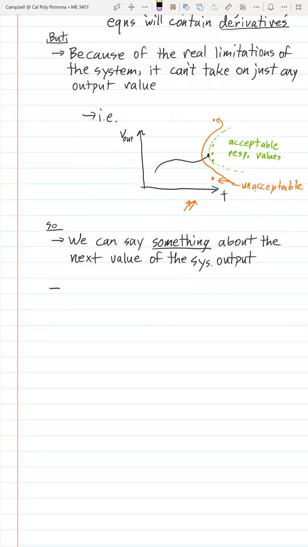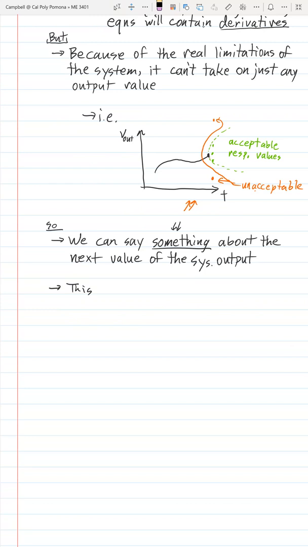Now, here, though, I don't want to necessarily get into a discussion of exactly how we would bound the system, because I'm going to assume that even though we can't solve the differential equation, we can at least write the governing differential equation for the system. So here we can say something, maybe we don't even know precisely what's going on with the system, but we know roughly what's happening.